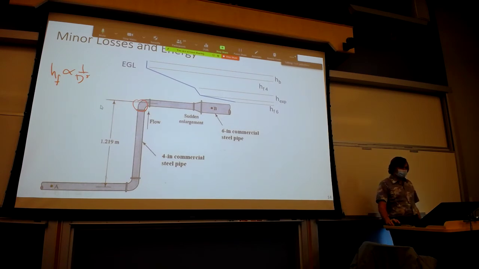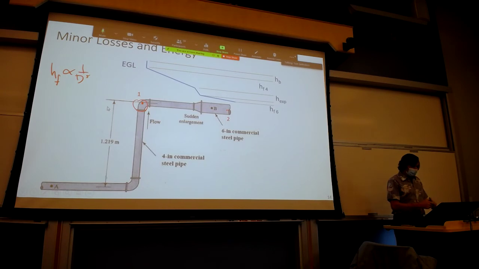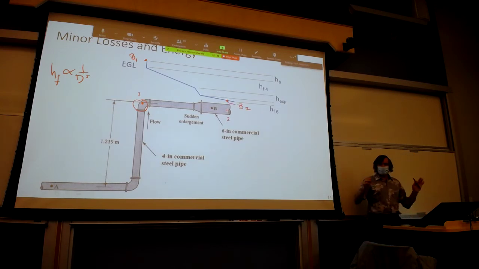And the synthesis of all of this: if we selected point 1 at that upstream bend, flow is left to right, and point 2 is at the downstream end of this system, we are equating the total energy at 1 to the total energy at 2. And they're obviously not at the same elevation.